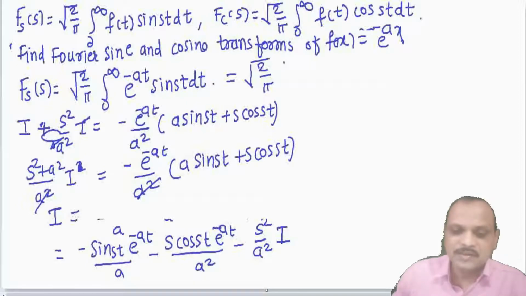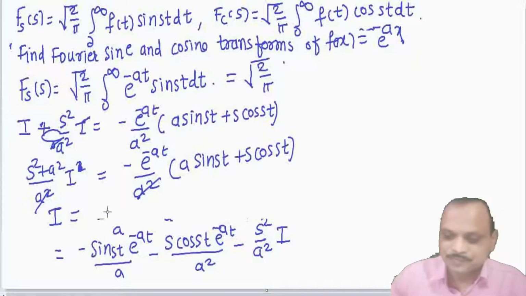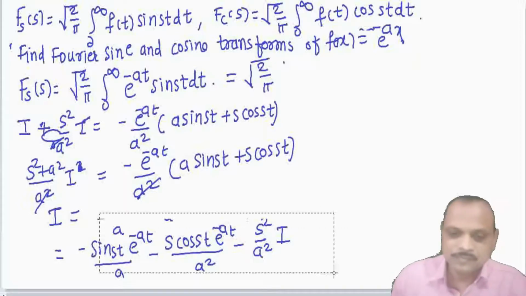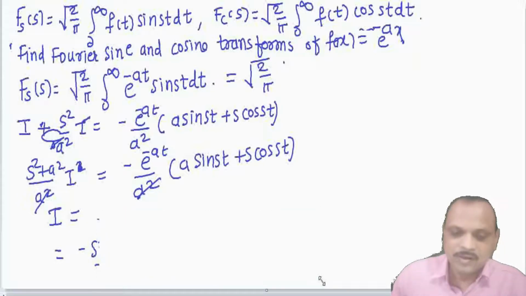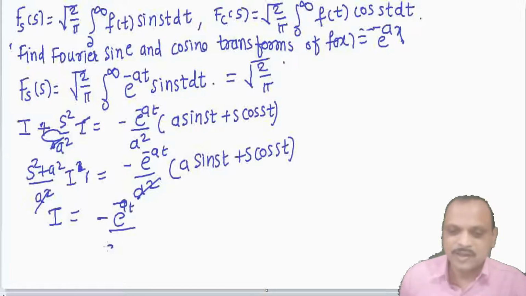So you can see I equals, let us divide by s square plus a square, and we get I equals e raised to minus at divided by s square plus a square into minus a sine st plus s cos st.